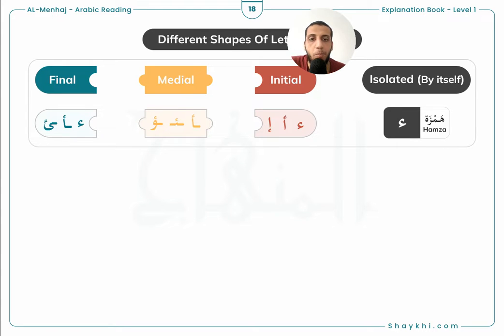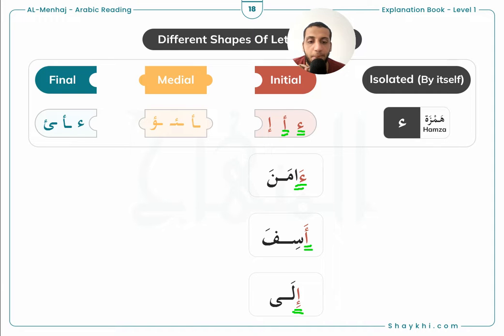We will take first the examples of the initial form. This is Hamza in the initial form, the first shape, آمنة. The next example, آسفة. This is Hamza above alif, as we can see here. Then we have إلى, where Hamza is below alif.